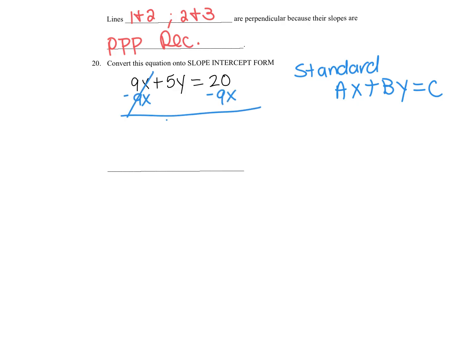When we do that, we're left with 5y equals, and I always put whatever this part is in front. Since I'm subtracting 9x, it goes in the front, and then the 20 is positive. And then lastly, I get rid of the 5 by dividing on both sides, and I have to simplify this. -9/5 x. 20 divided by 5 is +4. So y equals -9/5 x plus 4.